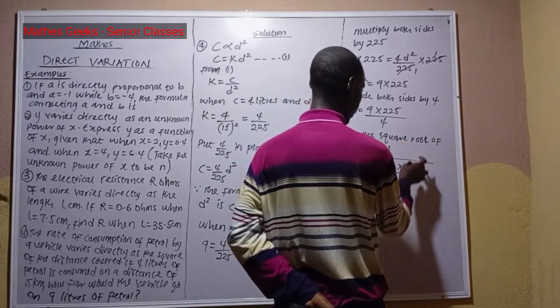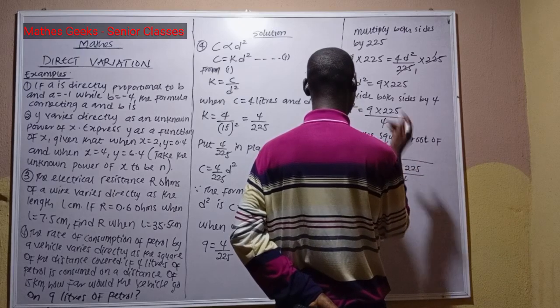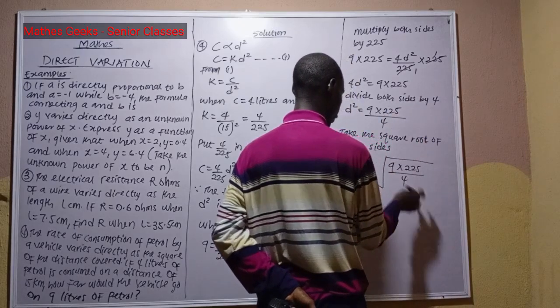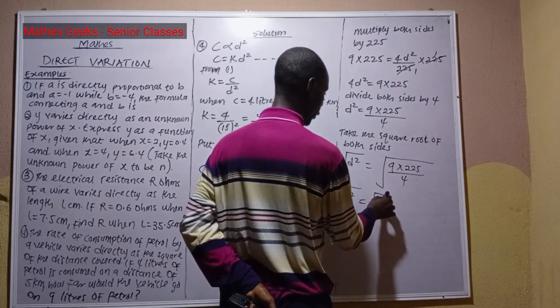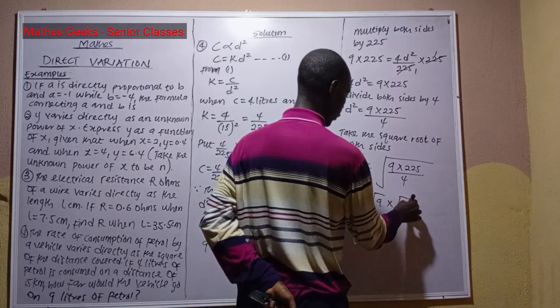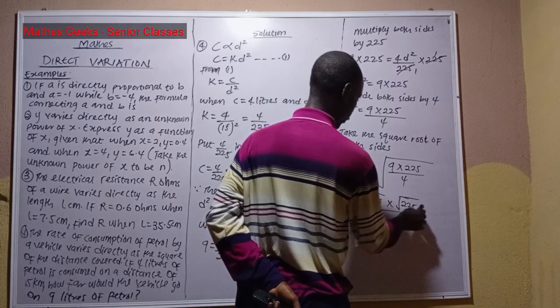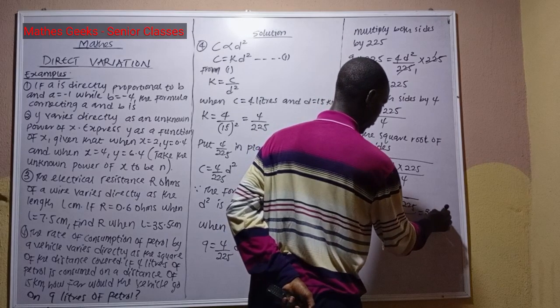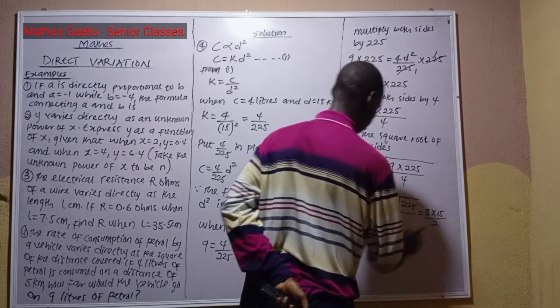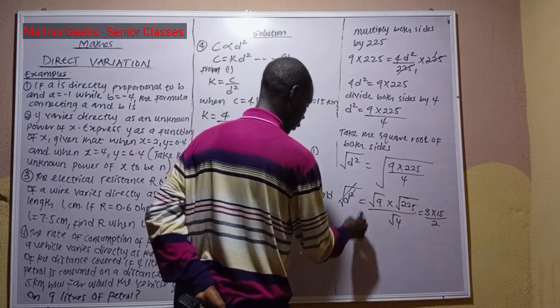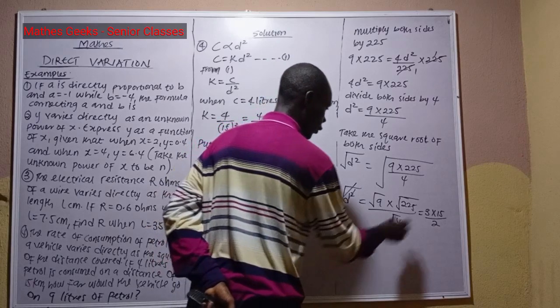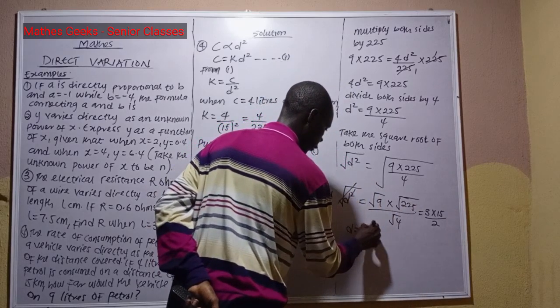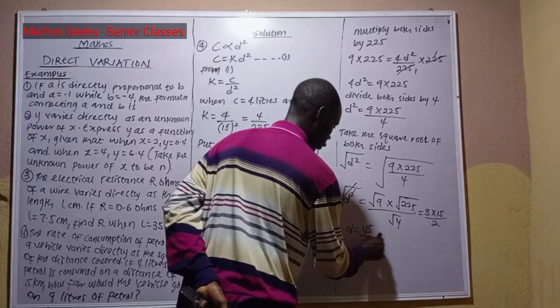The square root of 9 is 3, the square root of 225 is 15, and the square root of 4 is 2. Or you just say the square root of 9 times the square root of 225 over the square root of 4. This is 3 times 15 over 2. So D is equal to 3 times 15, which is 45, over 2.